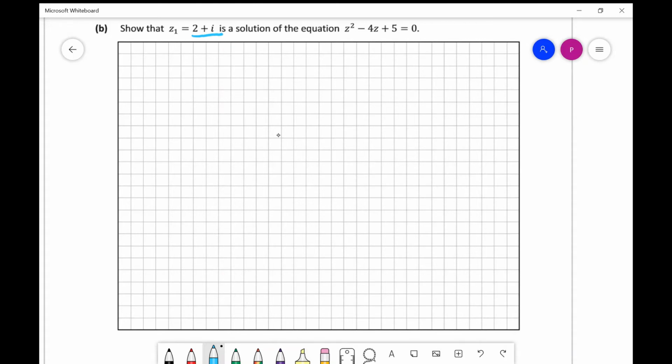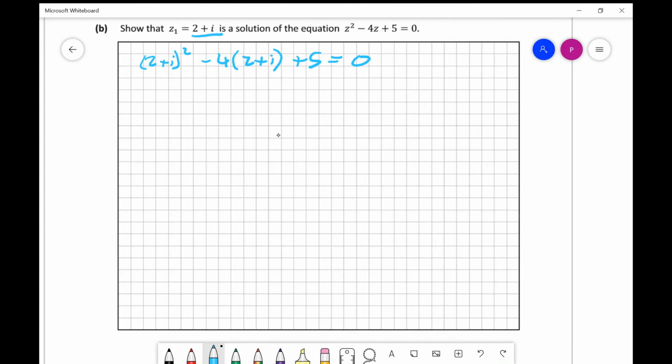So instead of Z squared, I'm putting in 2 plus i, and I'm squaring it. And instead of Z in the 4Z situation, I'm putting in 2 plus i as well. So I'm putting 2 plus i in everywhere I see a Z. And we're just going to state that it's equal to 0. This is one of those things that we're going to prove it by working out the left-hand side independently of the right-hand side.